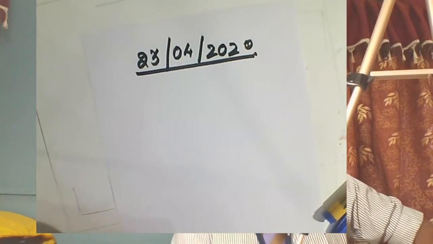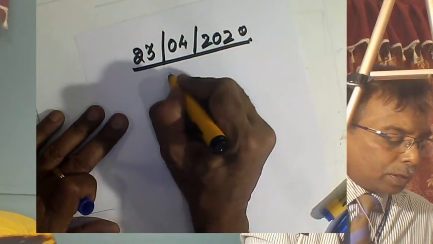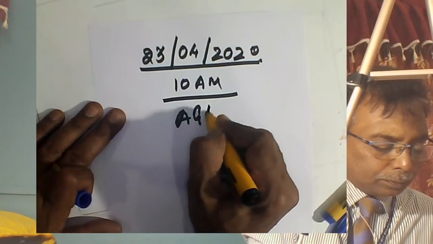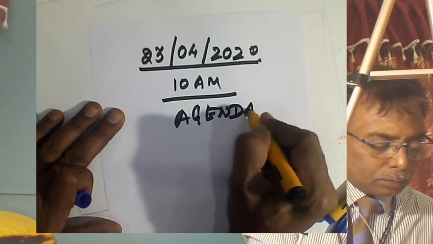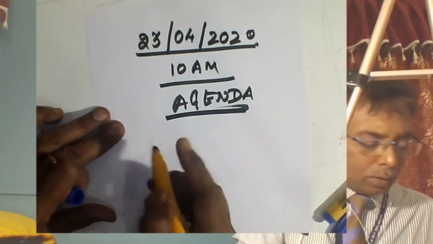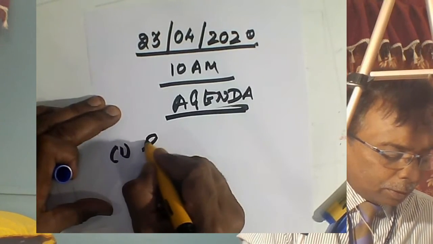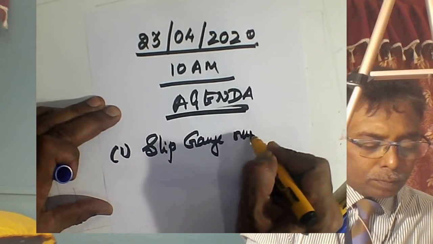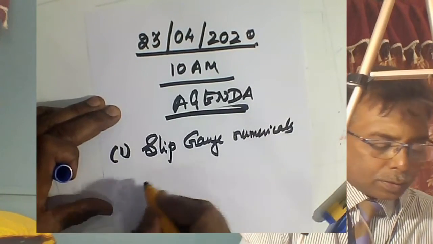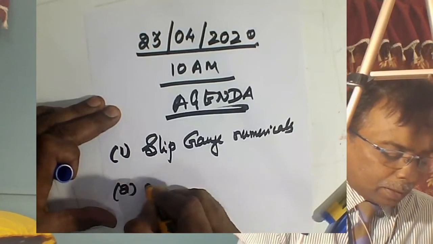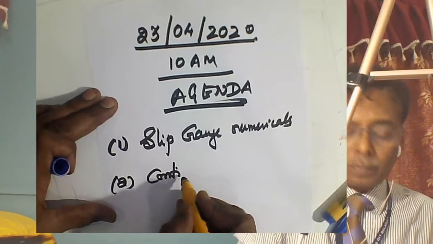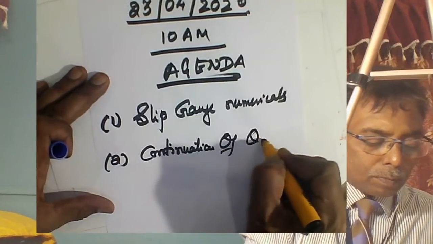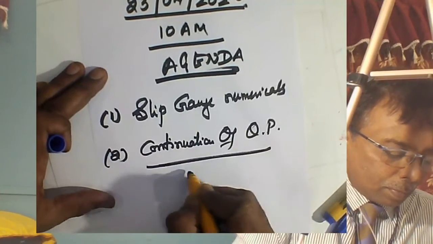Okay, today is Wednesday, Thursday, 10 a.m. Agenda. Okay, 1. Slip gauge numericals, or building slip gauges. 2nd, continuation of question papers. Okay.